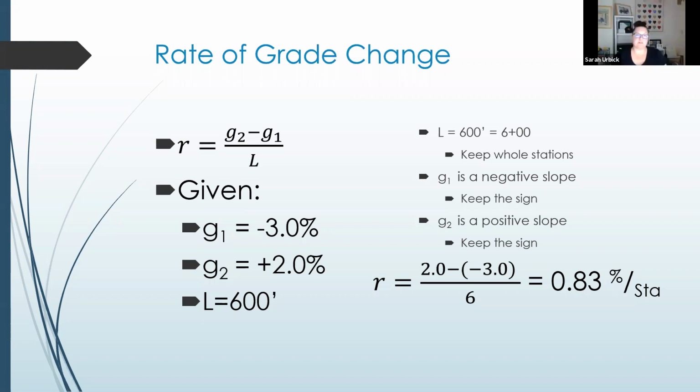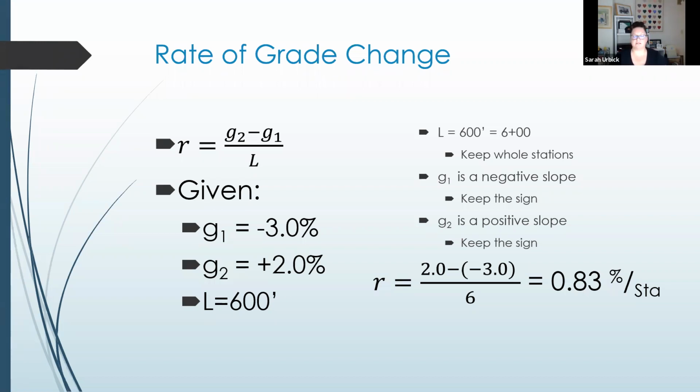So we have our formula that our rate of grade change over distance is the change in our two grades divided by the distance, by the length. So we have a -3, a +2. Our length is 600 feet. How many stations is that?